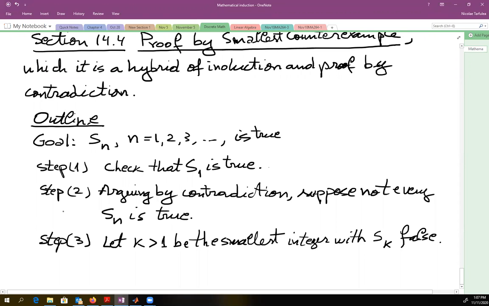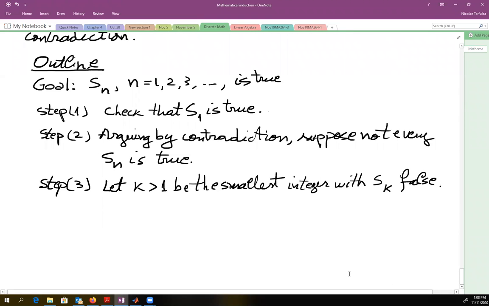Okay, this comes from step 2. We know that the statement Sn is false for certain values of n. This is our assumption.